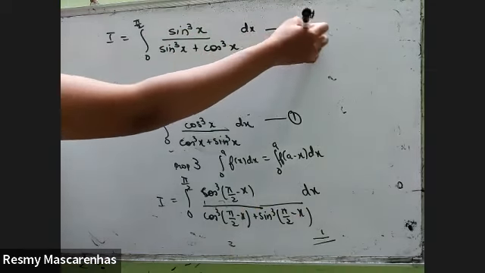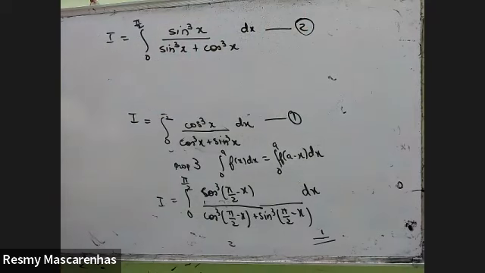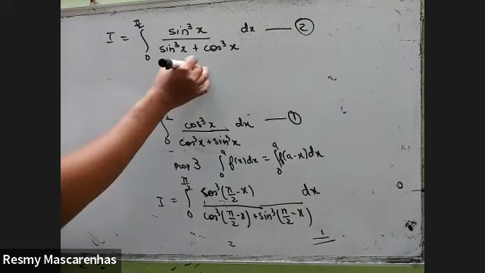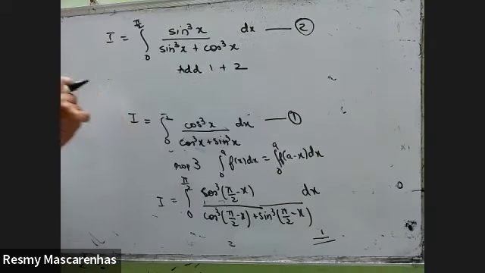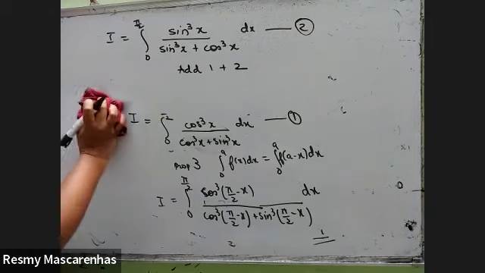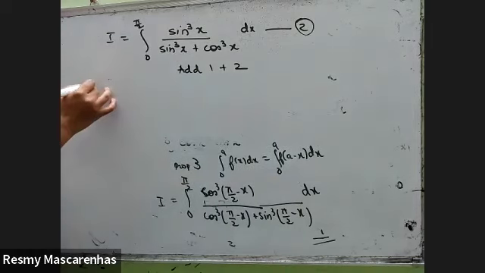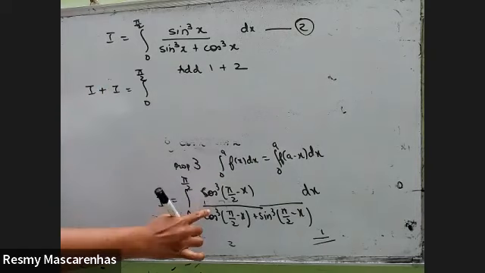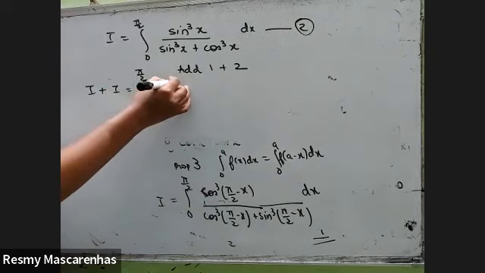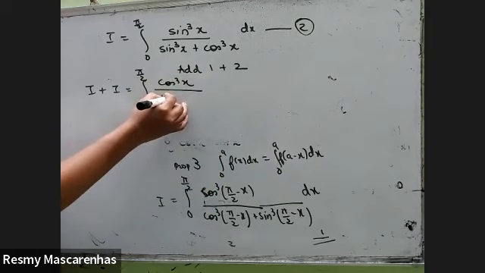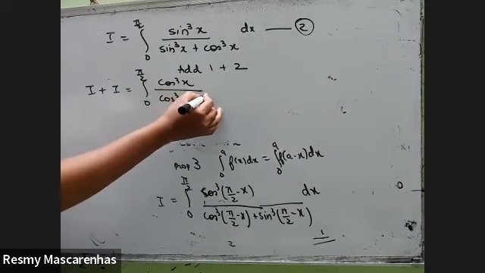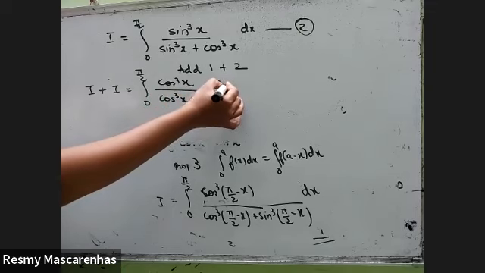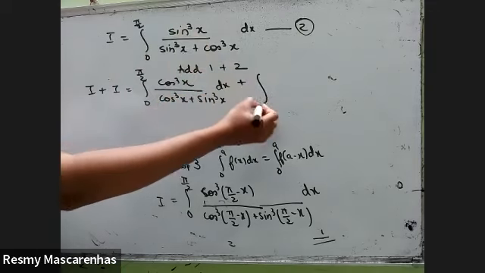Mark this as equation 2. Now add both the equations. Same steps you have to follow. The left hand side I plus I, on the right hand side first equation, that is cos cube x upon cos cube x plus this.